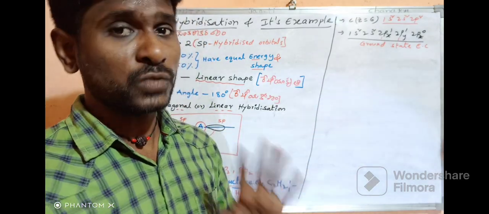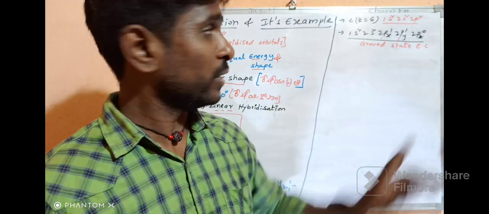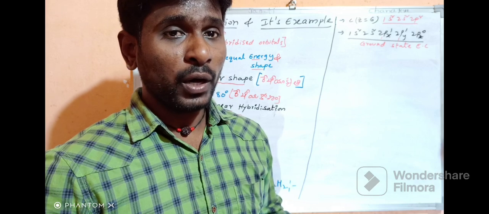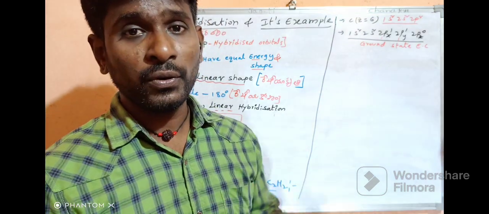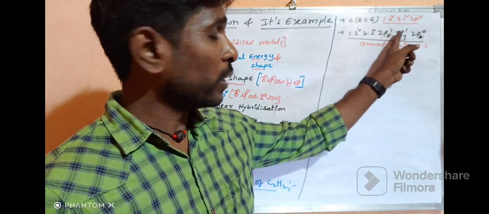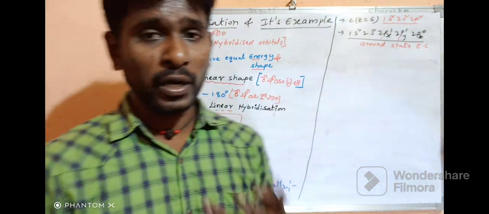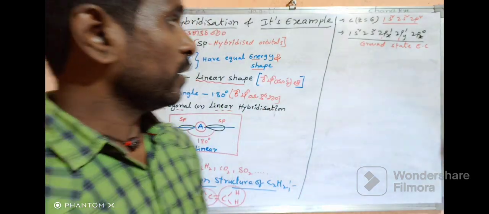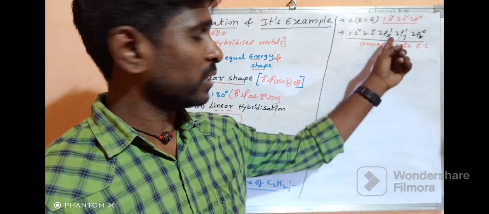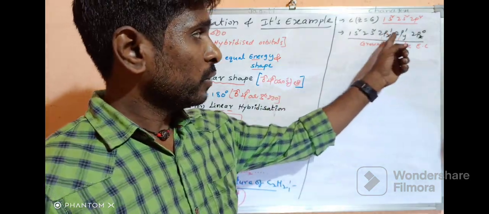Here the valency of carbon is 4, but how many unpaired electrons are there? Only 2 unpaired electrons in the ground state. An atom forms only as many bonds as it has unpaired electrons. So carbon in the ground state can form only 2 bonds, but its valency is 4, so it should have 4 unpaired electrons. It has only 2 unpaired electrons.